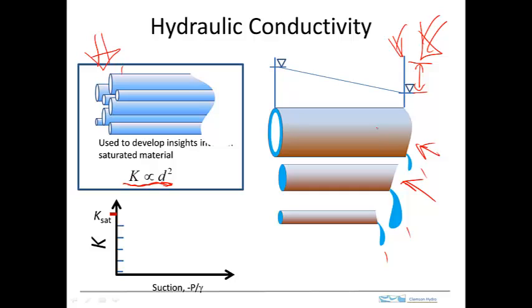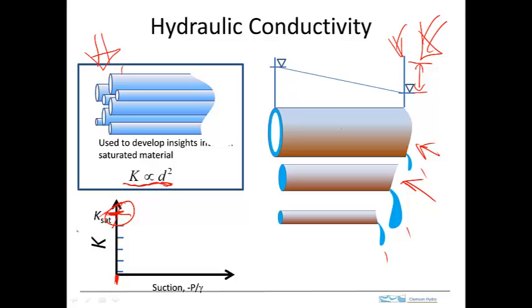Okay, if we look back at the conditions where this pore was completely saturated, we could take that flow and divide by the head gradient, and that gives us the saturated hydraulic conductivity. In that case, because the pores are completely filled, let's assume that the suction is 0. So the suction would be right here, and we would plot that as the saturated conductivity, right there.